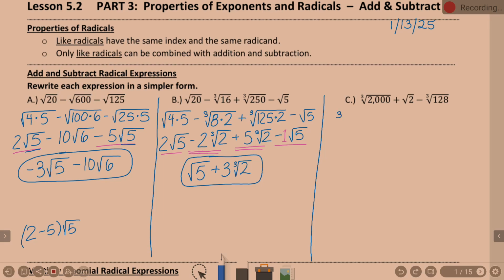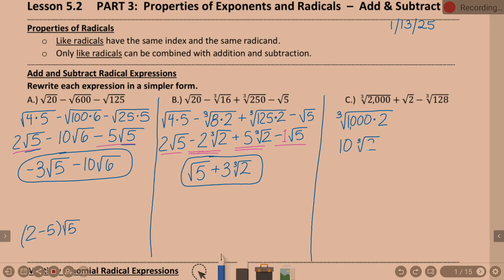Cube root of 2,000 is going to be what? 1,000 times 2. What is the cube root of 1,000? 10. Because 10 times 10 is 100, times another 10 is 1,000. So the cube root of 1,000 is 10. That's going to go out front. What is the cube root of 2? Cube root of 2.